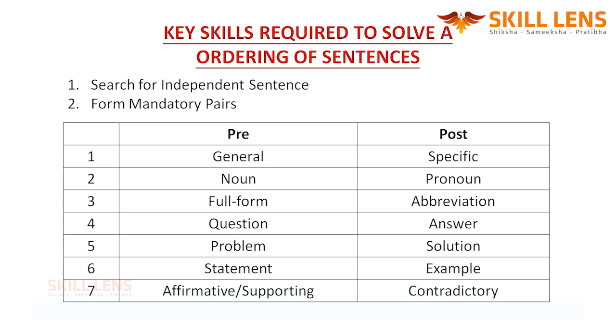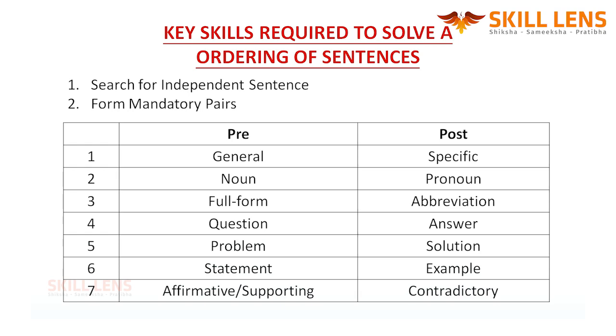Only when I mention the complete form, Bodybuilding Association of India, and then abbreviate it to BBAI, will people be able to connect that BBAI stands for Bodybuilding Association of India. This forms a mandatory pair in ordering of sentences. Full form always appears first, followed immediately by the abbreviation.